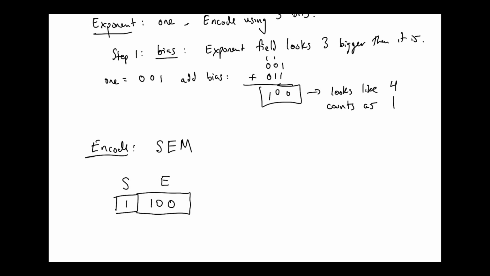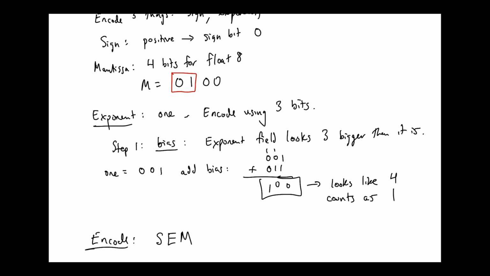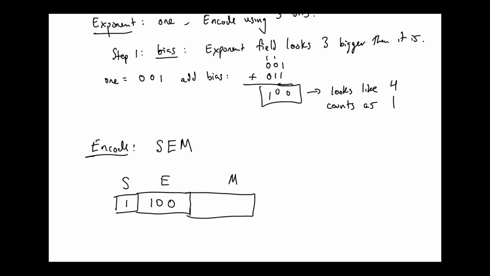The exponent's the funny one. And finally, what was my mantissa? 0, 1, 0, 0. So that is our encoded binary number. This is what 2.5 would look like as an 8-bit floating point number.